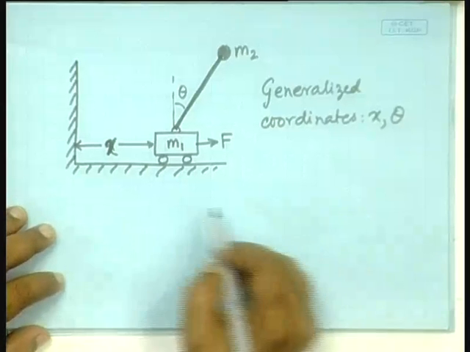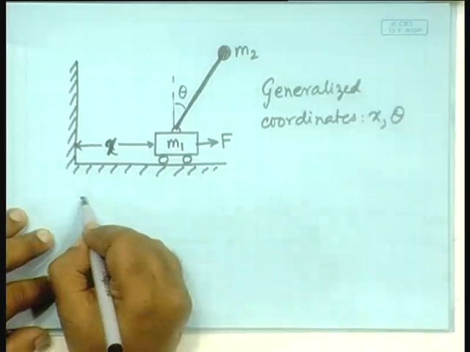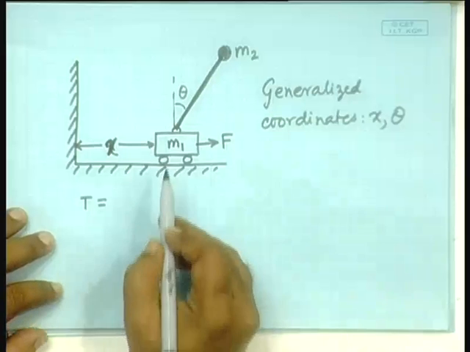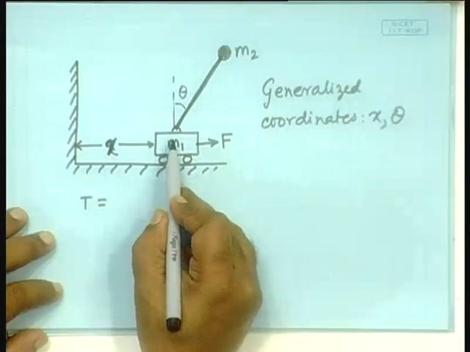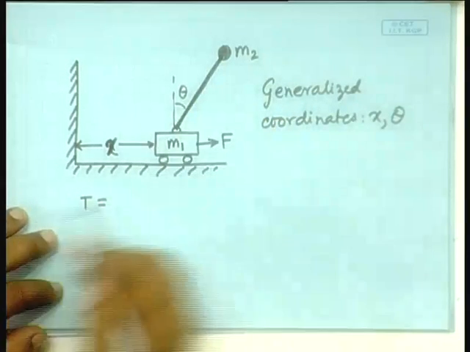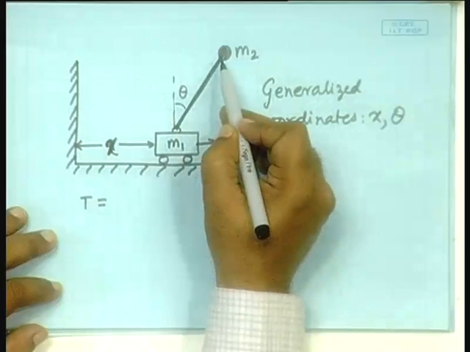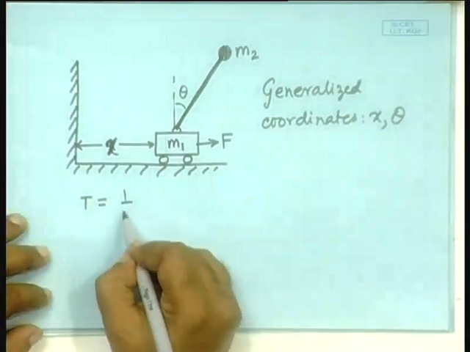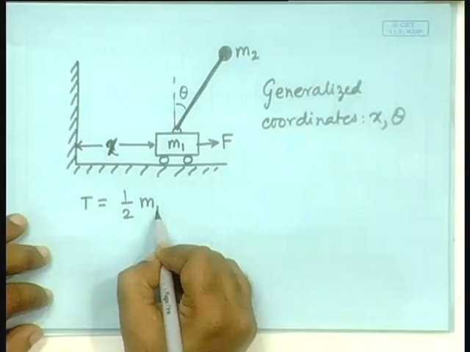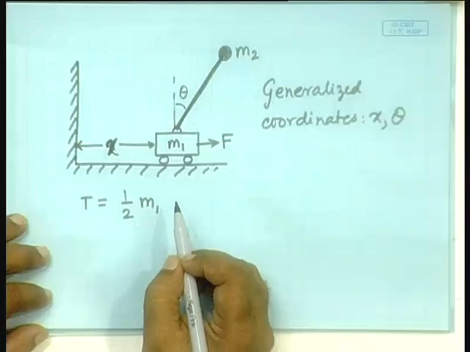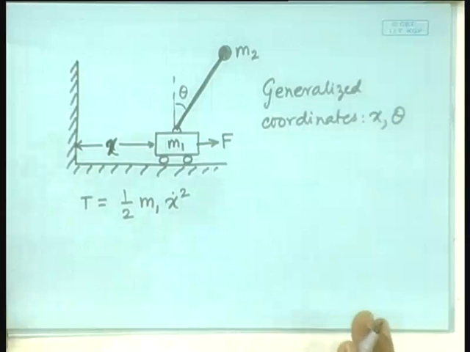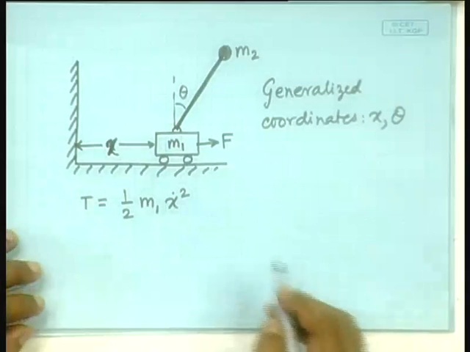Now, the potential energy and the kinetic energy T. Kinetic energy would be a combination of the two kinetic energies, the kinetic energy of this one and the kinetic energy of this one. For this one, it is simple, half m1 x dot square, done.